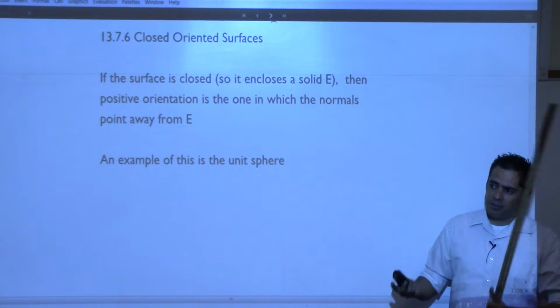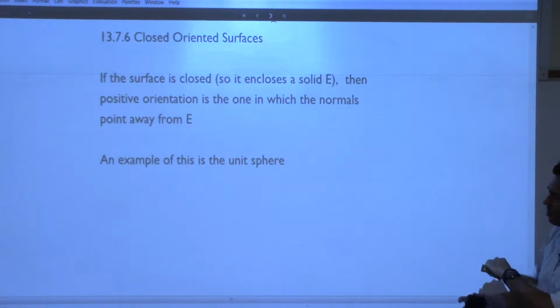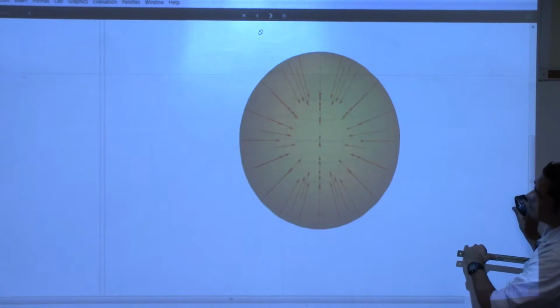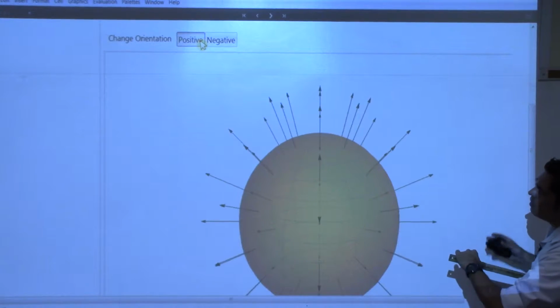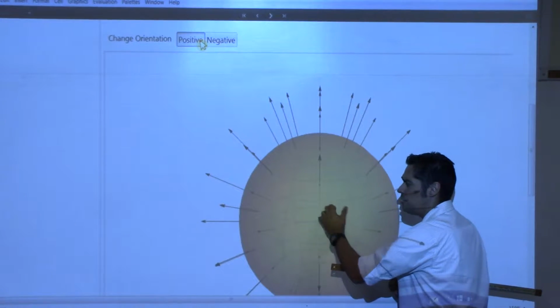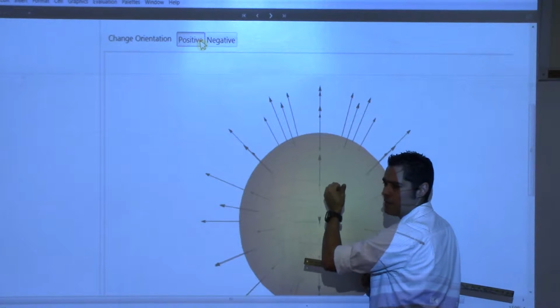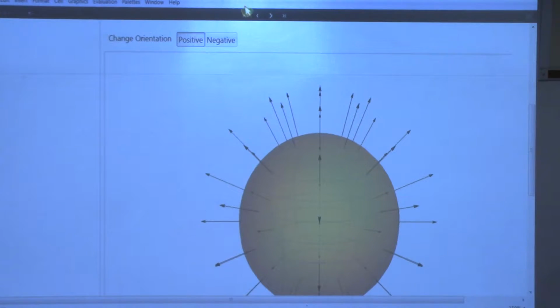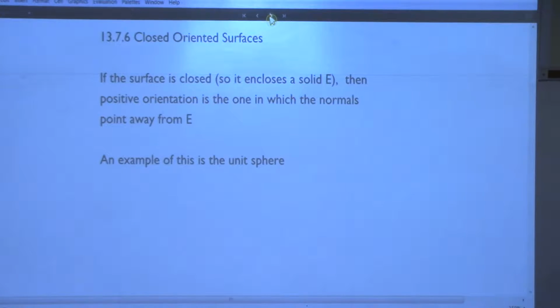So back on that sphere, the reason why we called it positive orientation was because this sphere encloses a solid ball. Positive orientation is where your normals point away from the solid. Negative orientation, they point in towards the solid. We good?